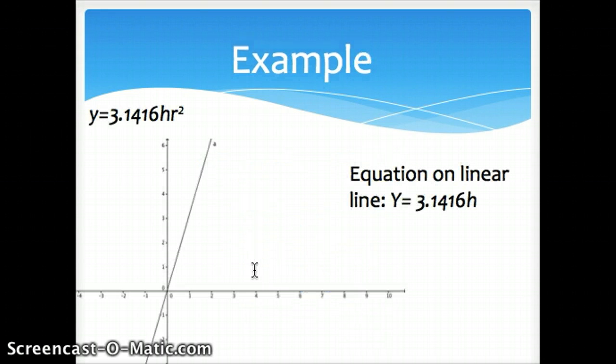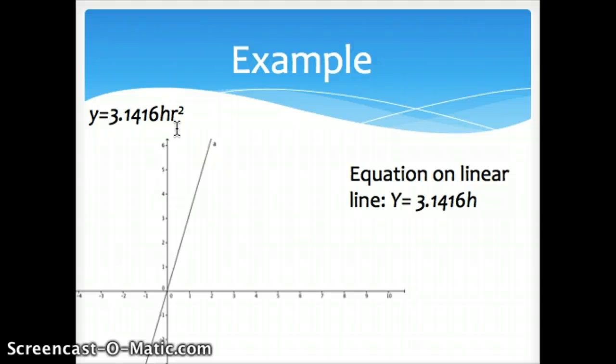Now, imagine that you're given this equation, y equals 3.1416 times hr squared. Keep in mind that h and r are both the independent variables, so in order to graph them, you cannot graph them in the same coordinate grid.